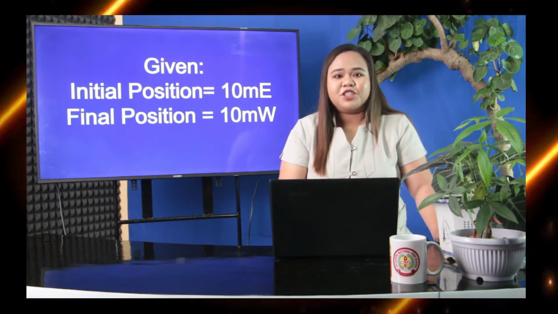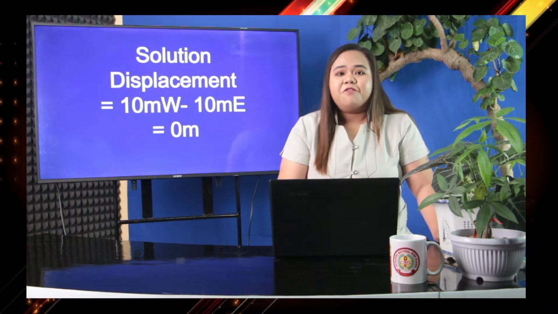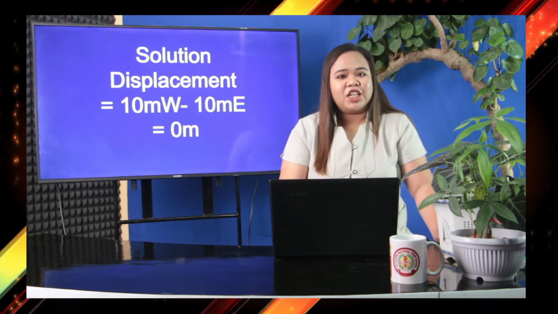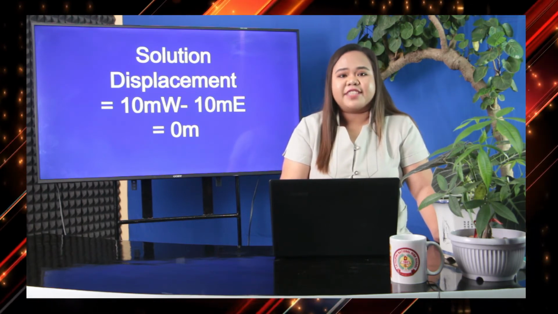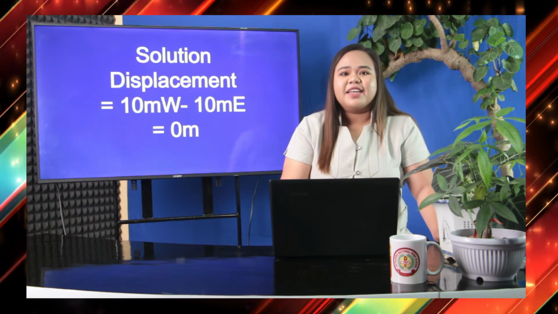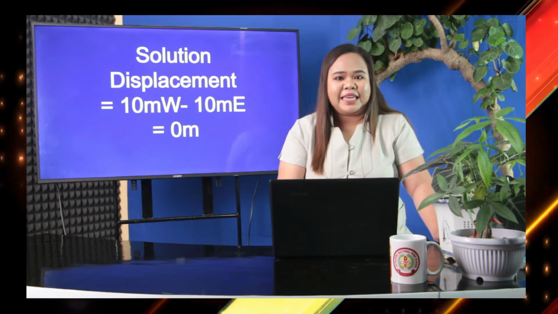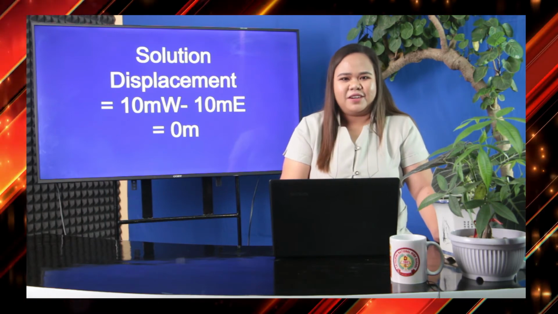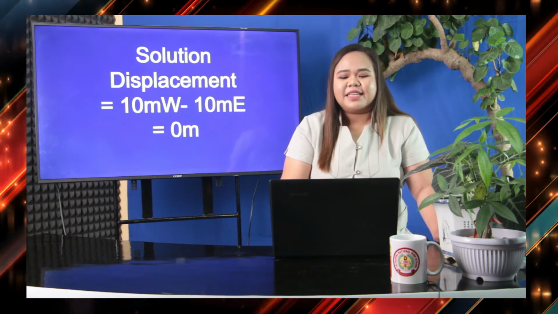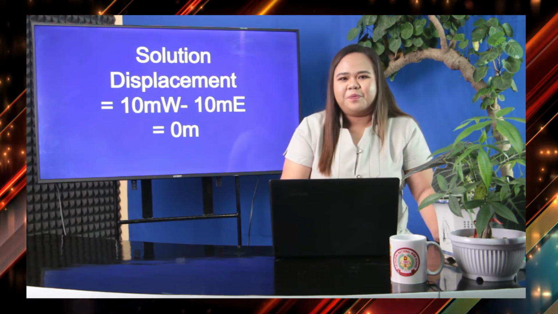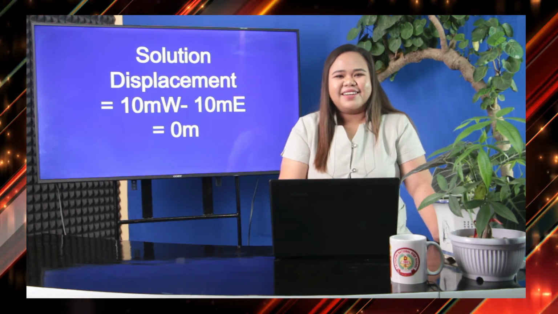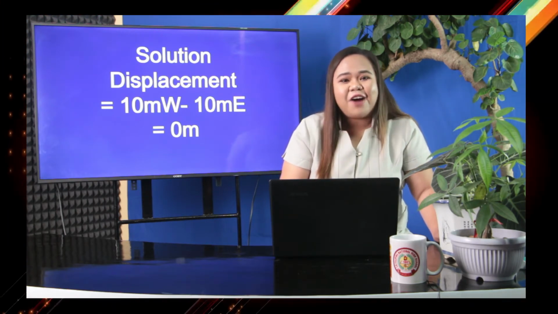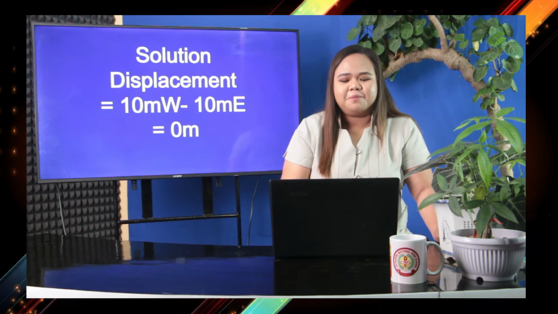Now, let's have the solution. Final position minus initial position, thus we can have 10 meters west minus 10 meters east, and that will be equal to 0 meter. Thus, Rhea's displacement is equal to 0. Okay, students, did you get it right? Now, let's have the last problem.